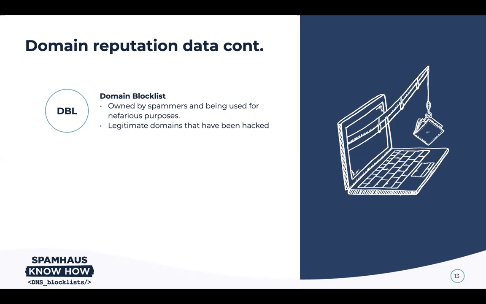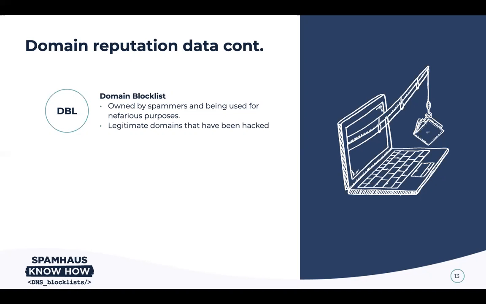Now I mentioned the fact that a lot of bad people keep cycling through domain names because the domains get blocked, so they will need new ones. And there's plenty of research that supports this.